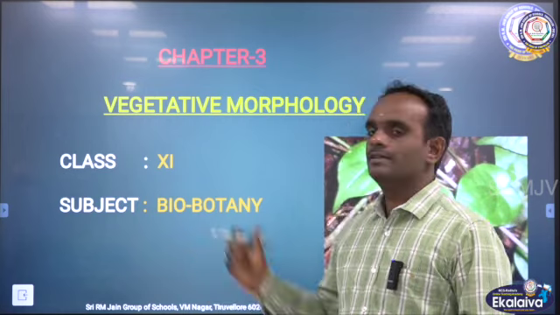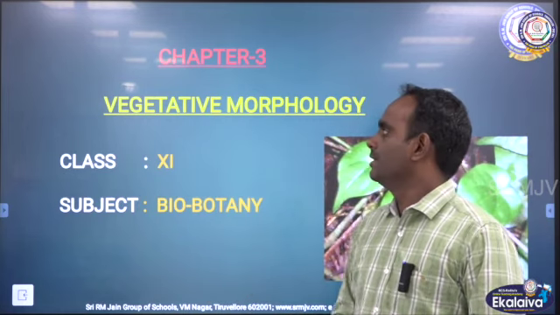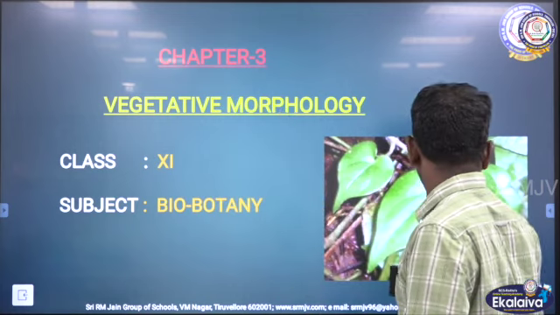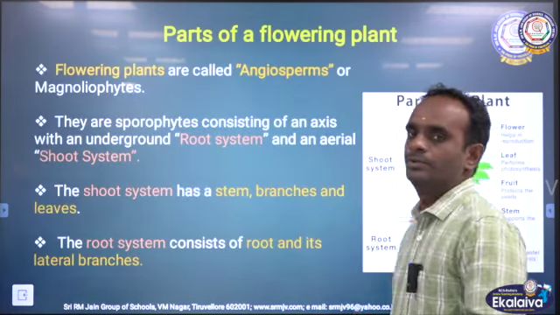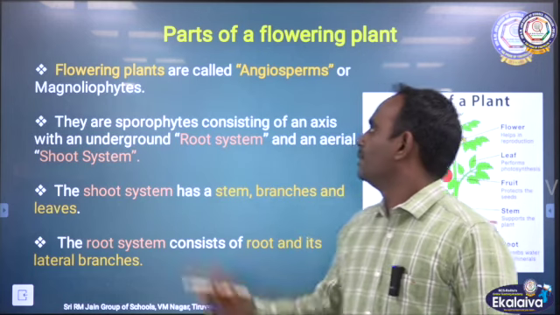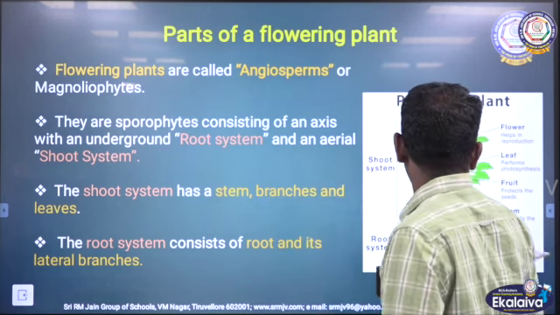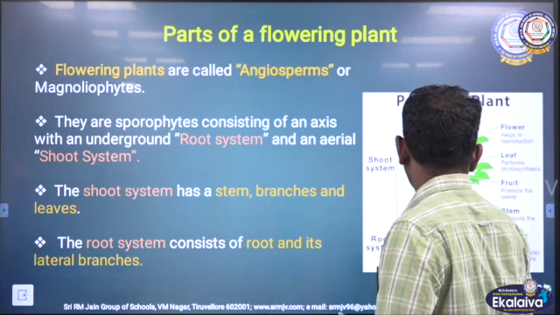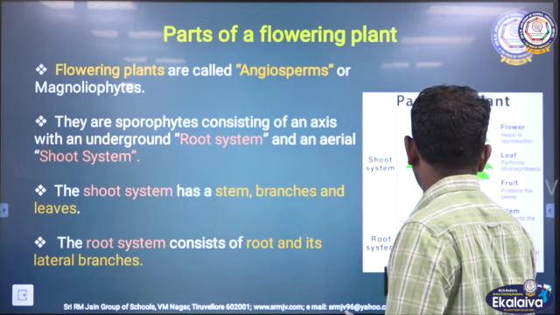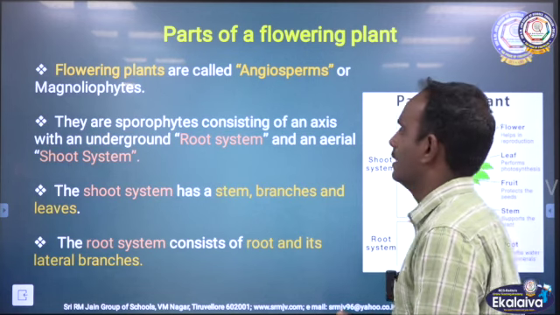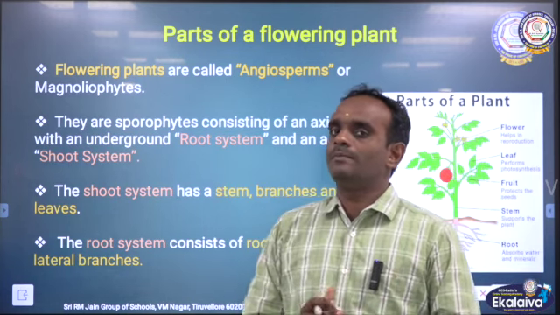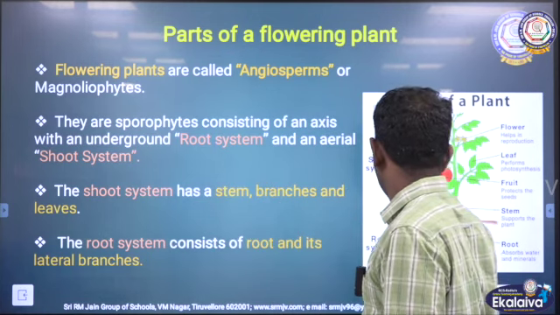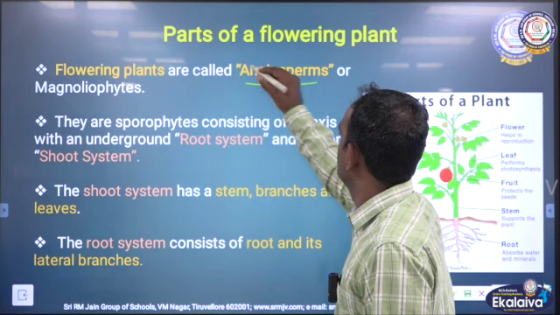For the class 11, subject Biobotany, we are discussing the chapter Vegetative Morphology. Today, we are going to see parts of a flowering plant. Flowering plants are also called angiosperms.